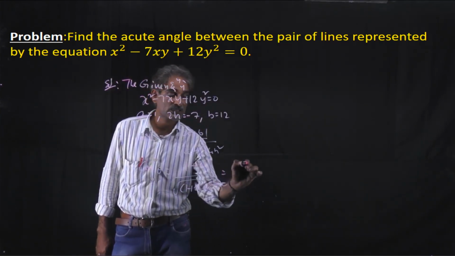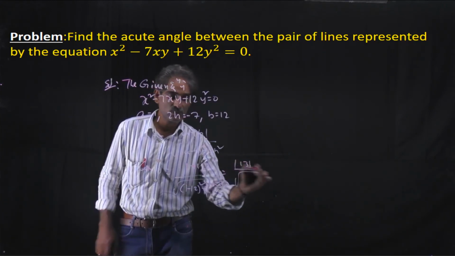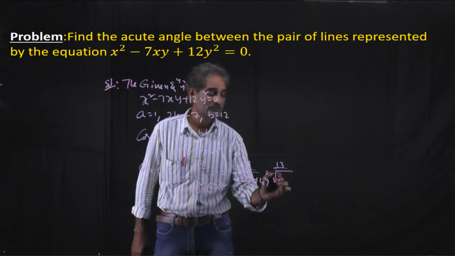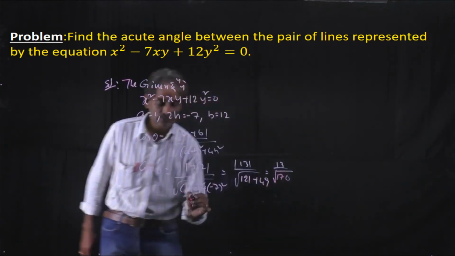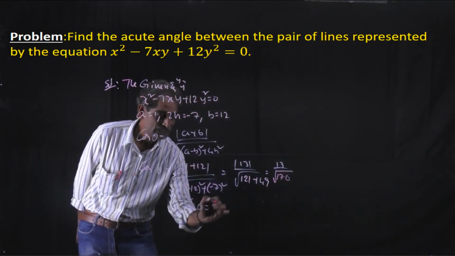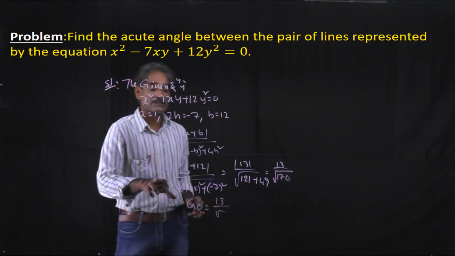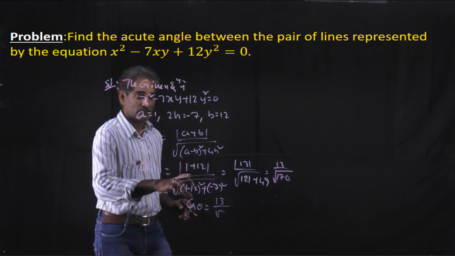This is equal to 13 by square root of (1 minus 12 is minus 11) whole square, plus 49, root of 170.